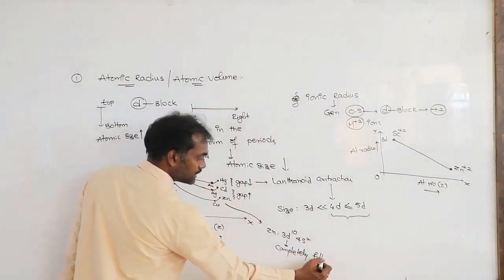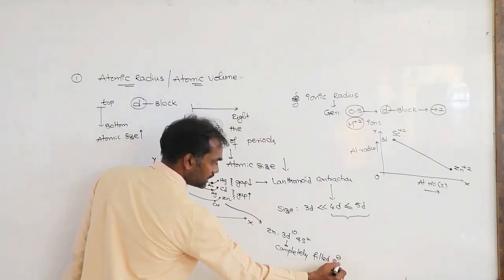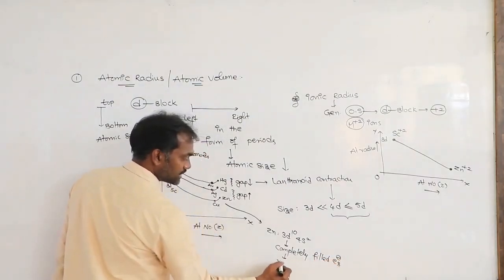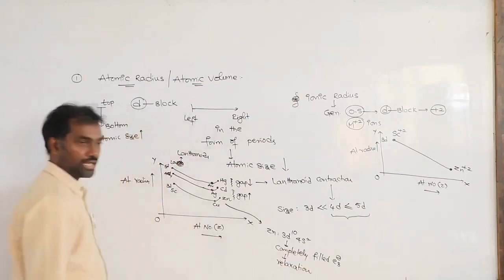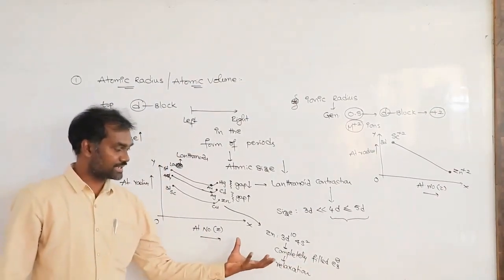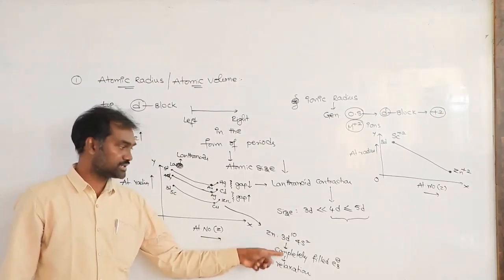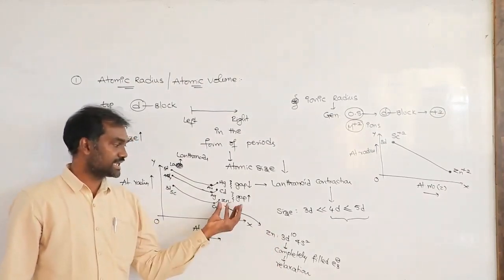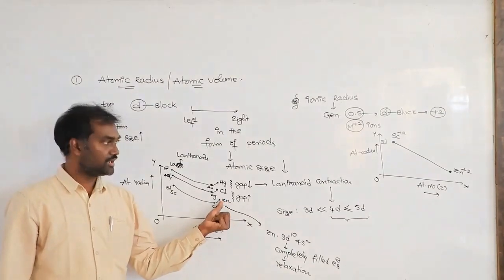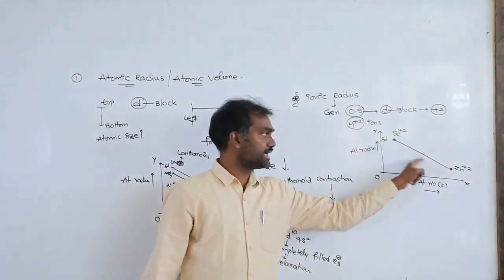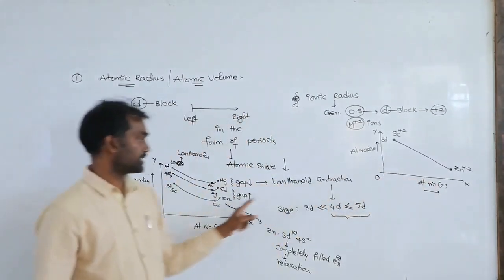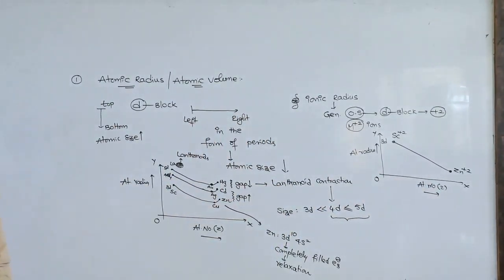Completely filled electrons get a relaxation, so the electrons will be relaxed. Because of the completely filled configuration, the size increases a little bit. But here the Zn+2 ion decreases continuously in a straight line. See the difference.